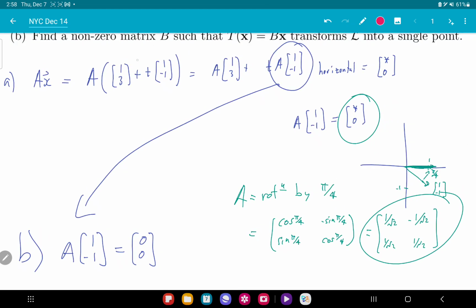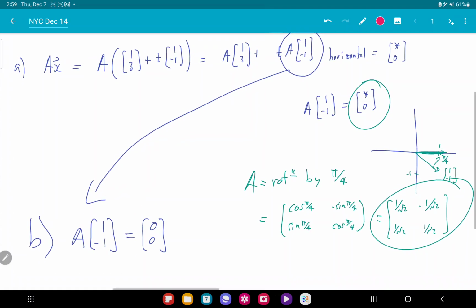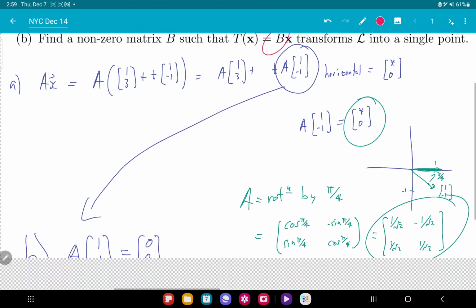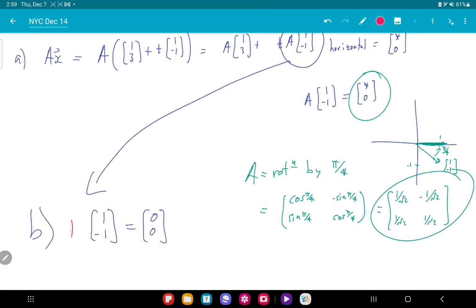when I take my original line and transform it by multiplying by A, I'm getting a line. Now, that line will be a single point if this part here is 0. So I take the direction vector and set it equal to 0. And I guess the question is using the letter B here instead, so why don't we switch that?